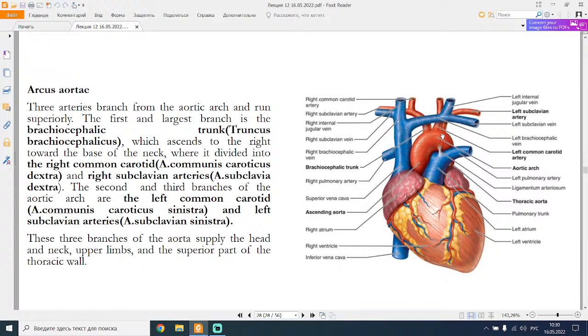The second and third branches of the aortic arch are the left common carotid, arteria communis carotica sinistra, and arteria subclavia sinistra.